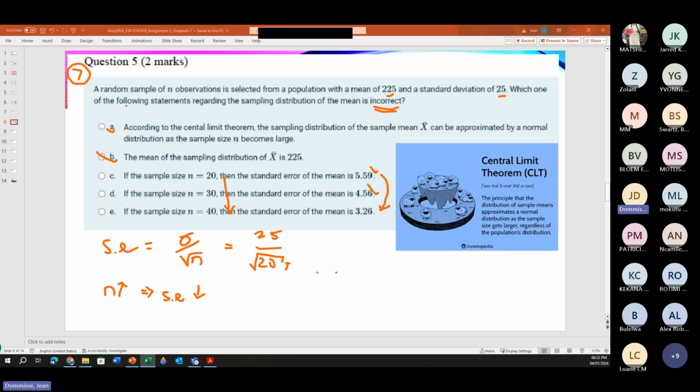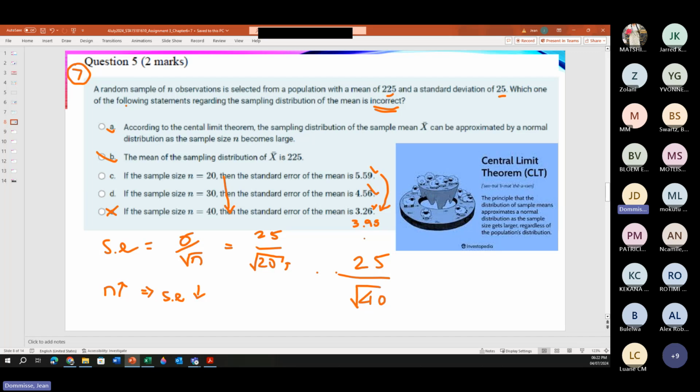Square root of 40, okay. 25 divided by square root of 40, okay. So this is where it needs to be 3,95 and not 3,26. So the one that is the error is option 3, because 25 divided by square root of 40 is 3,95 and not 3,26.